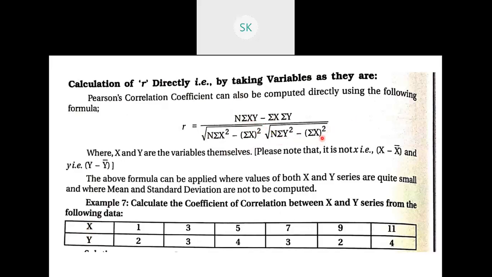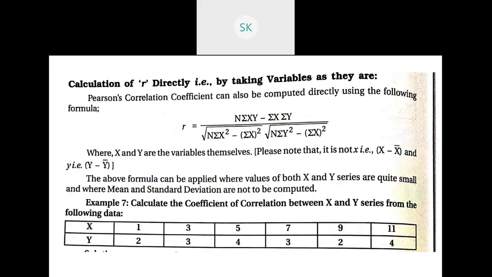This formula looks a little like the standard deviation formula, but the difference is we are not going to calculate the arithmetic mean, neither the deviations. Whatever is given in the question, we take that data only and solve. The above formula can be applied where the values of both x and y series are quite small and where mean and standard deviation are not to be computed.